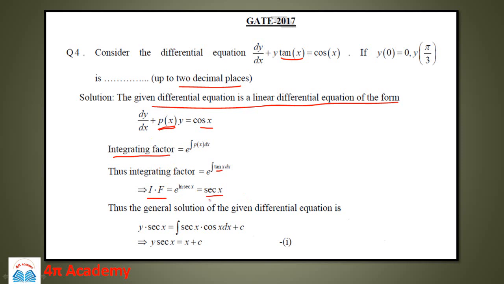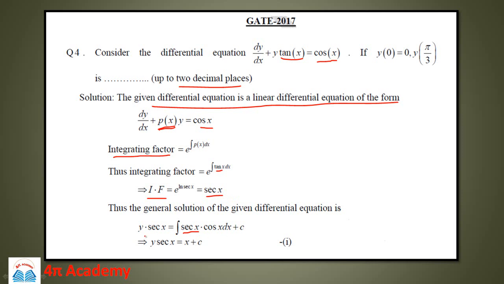Then the second step is the general solution, which is equal to y multiplied by integrating factor, and it should be equal to integration of q into integrating factor plus any arbitrary constant. So here y multiplied by sec of x should be equal to q, which is cos of x, multiplied by integrating factor sec x, plus c.